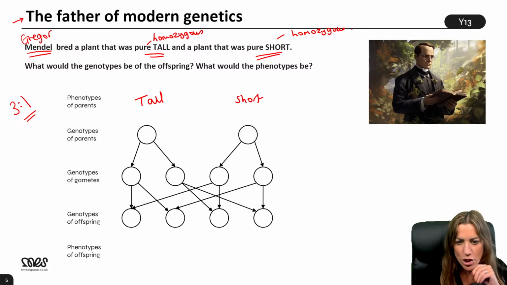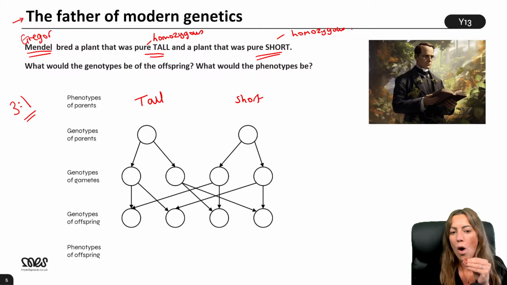So you're going to choose two different letters, are you? Aaliyah just says T. I wouldn't choose X and Y because X and Y we always use for the sex chromosomes that determine sex. I would just use one letter because these alleles are for the same gene. Yeah, I would probably use T and t. Do you remember this?